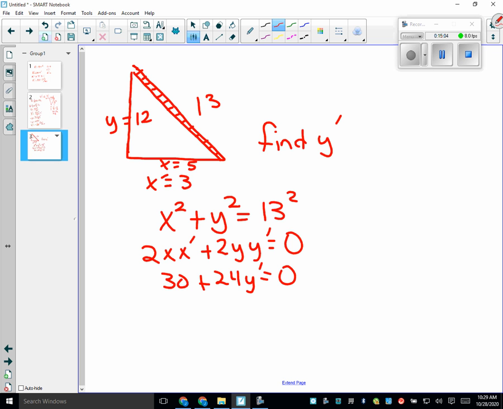Right, because that was the Pythagorean theorem. Y prime. Yes. So basically, we should figure out all of our sides before we do anything.